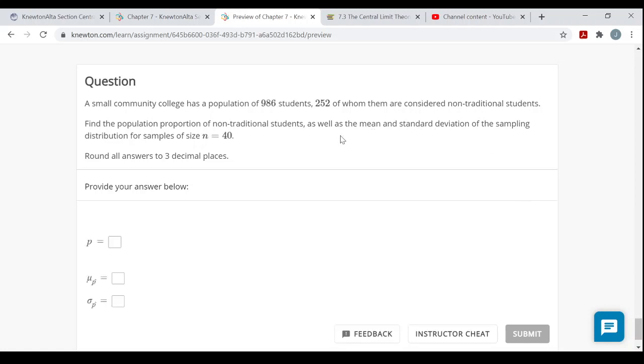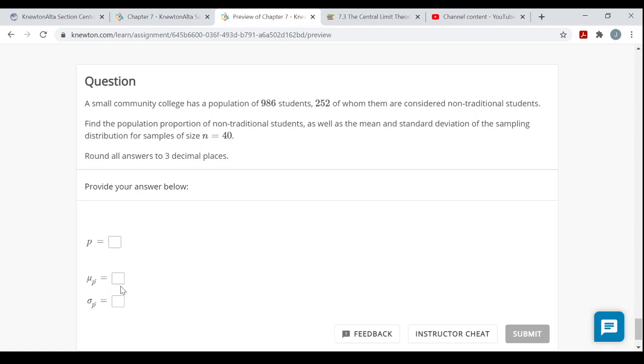So another question related to the same thing, where they want multiple values now. So you see they're asking here for what's the population proportion, and then if you were to take samples of size 40 out of the population and look at all possible samples of size 40 and the proportion, the p hat for all those samples, what would be the mean of all those p hats? What would be the standard deviation of all those p hats?